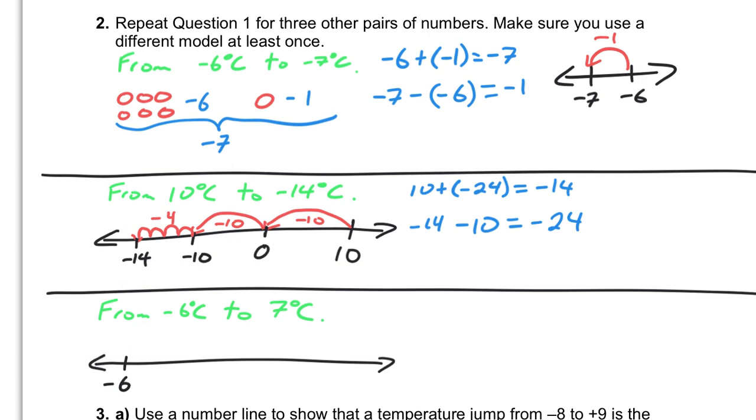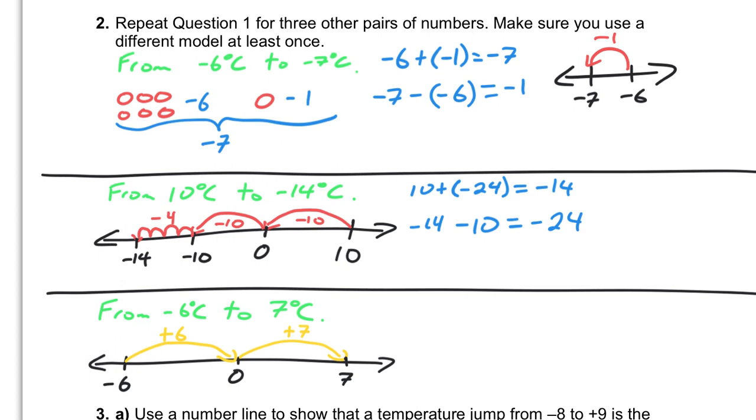I don't have to add just one at a time. I know that if I just add 6, I'm going to end up at 0. That's 0 right there. And then from 0, I know that if I just add 7, I'm going to end up at 7 degrees, right there.